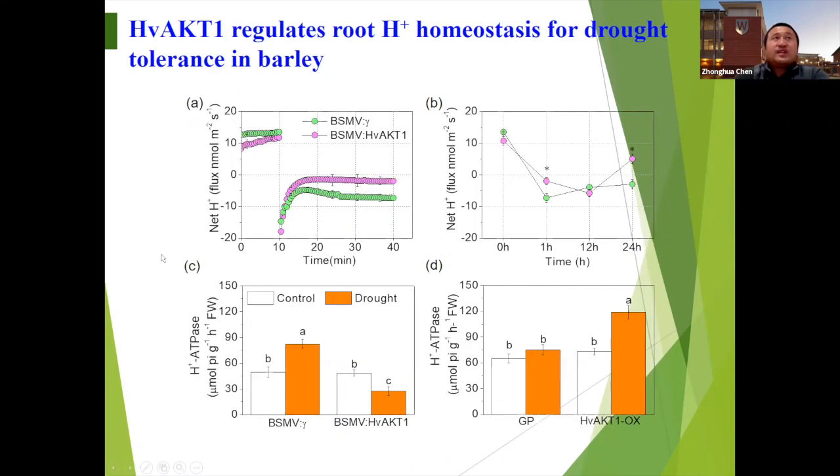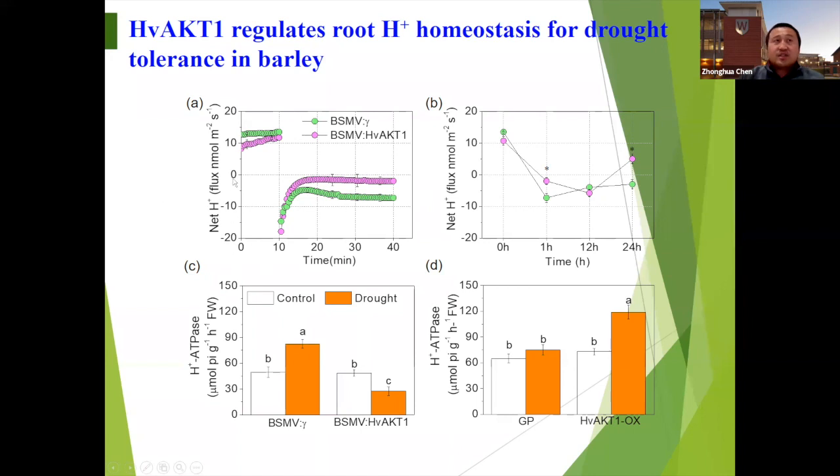Interestingly, we also found that as you regulate or genetically modify a potassium channel in barley, there's also a very obvious significant response of proton homeostasis. So we can clearly see using electrophysiology, there is a significant difference in the pump activity.